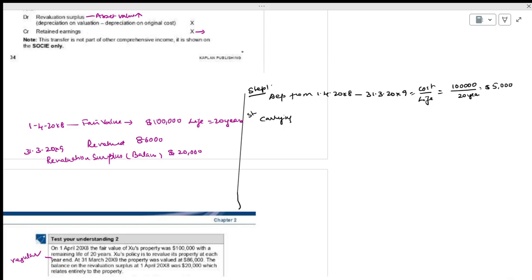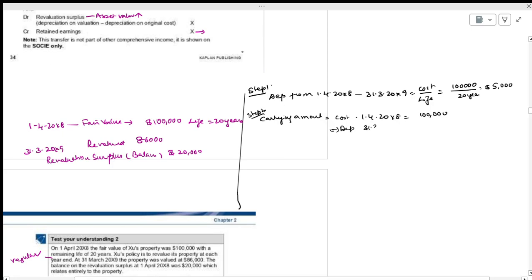Step 2. The carrying amount: cost on 1/4/2008 is 100,000. Depreciation till 31/3/2009 is 5,000.